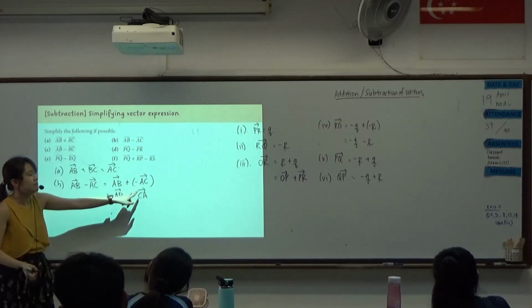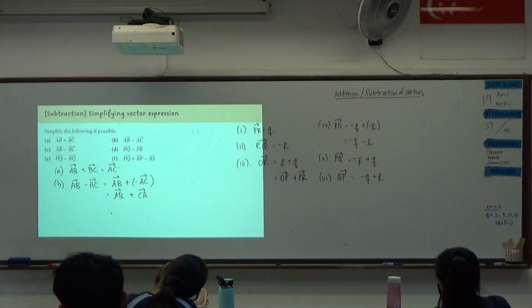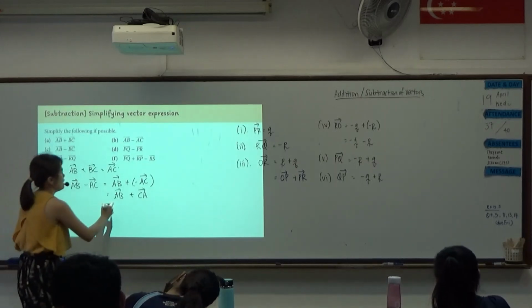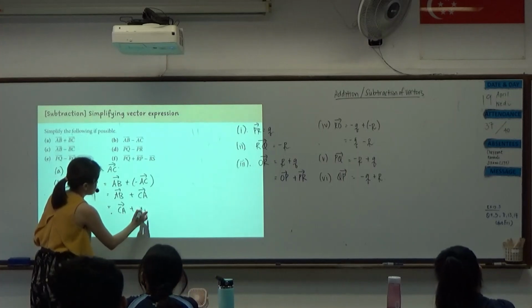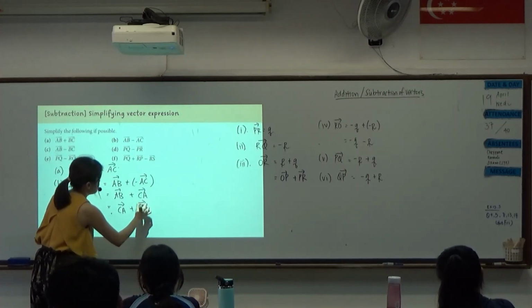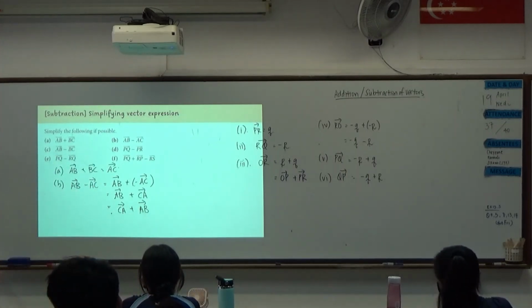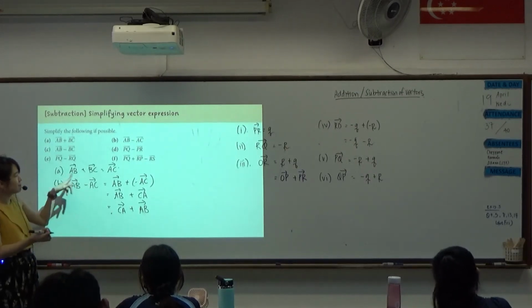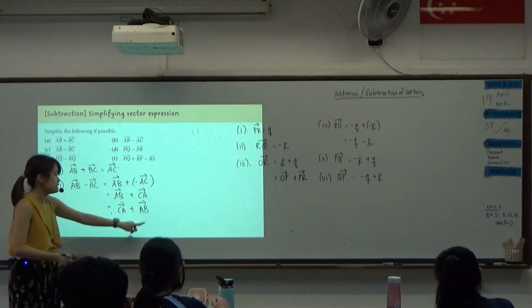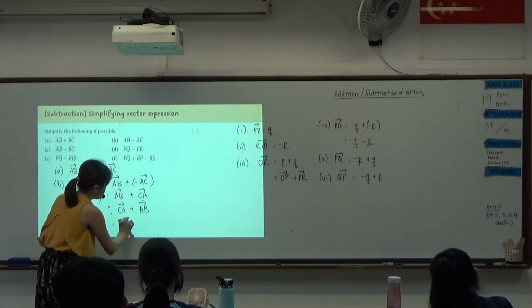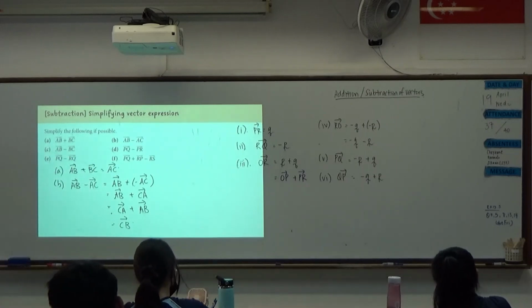So negative AC is the same thing as CA, and therefore we can have CA plus AB. Due to the nature of addition, I can shift the terms around, and then it fulfills the requirement when it comes to addition, so we get CB as our resultant vector.